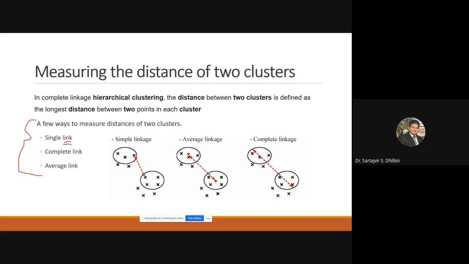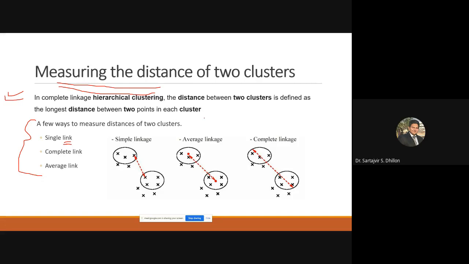So let us start with complete linkage hierarchical clustering. The distance between two clusters is defined as the longest distance between two points in each cluster.